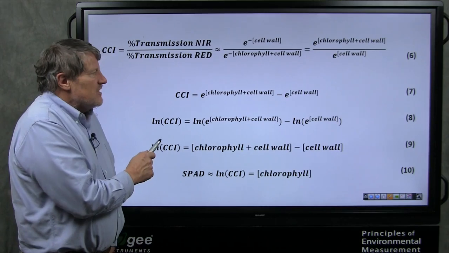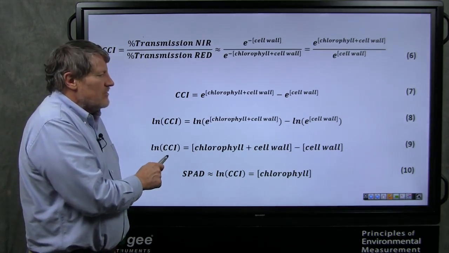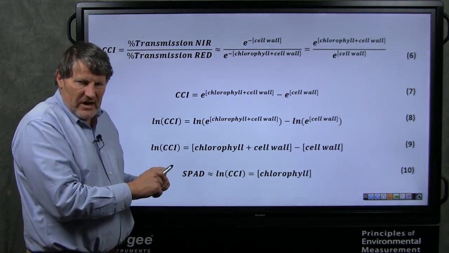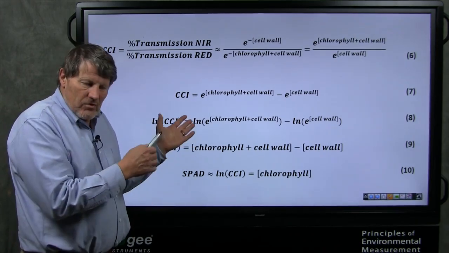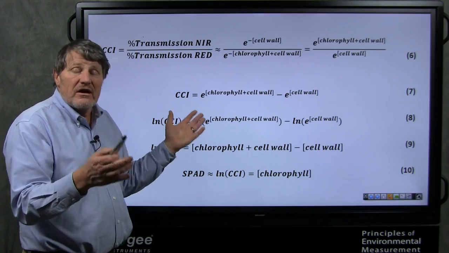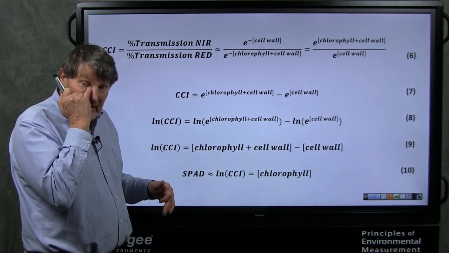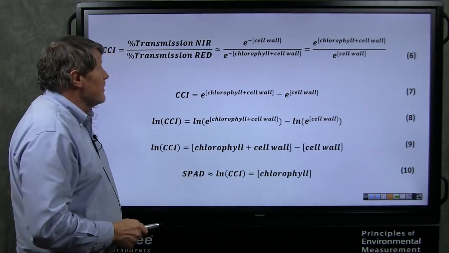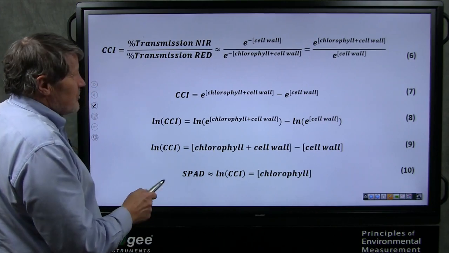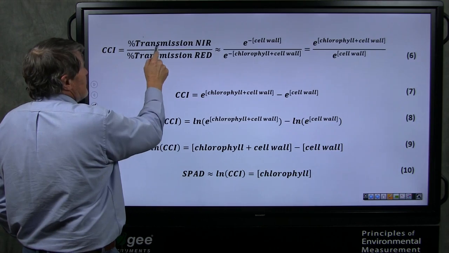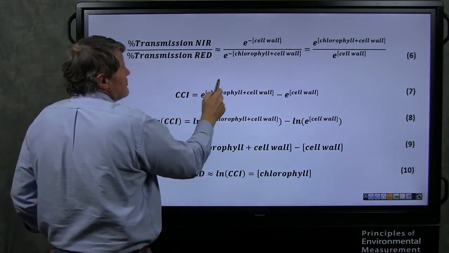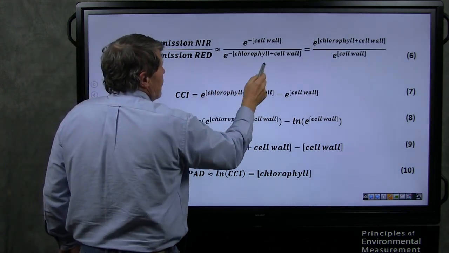The reason this needs logarithms is the transmission of light is nonlinear. When you double the pigment, you do not cut the transmission in half, and you change the absorbance. So I'm not going to go through the details right now, but this is a ratio of two transmissions, e raised to a power.